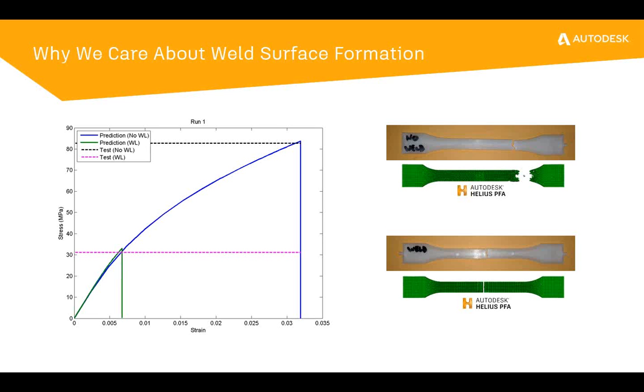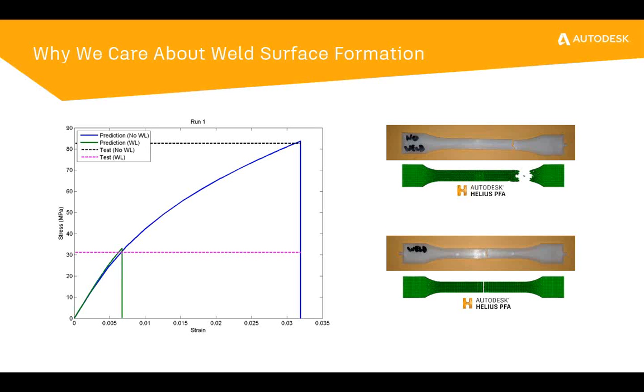So you can see right off the bat, before we even apply any simulation, that if we have weld lines forming in our part, we can have a reduction in strength of our parts, in this case the coupon, by almost 1/3. We see a pristine coupon that doesn't have a weld surface with a failure stress of, it looks like about 83 megapascals. And that drops way down to 31 megapascals when there is the presence of a butt weld.